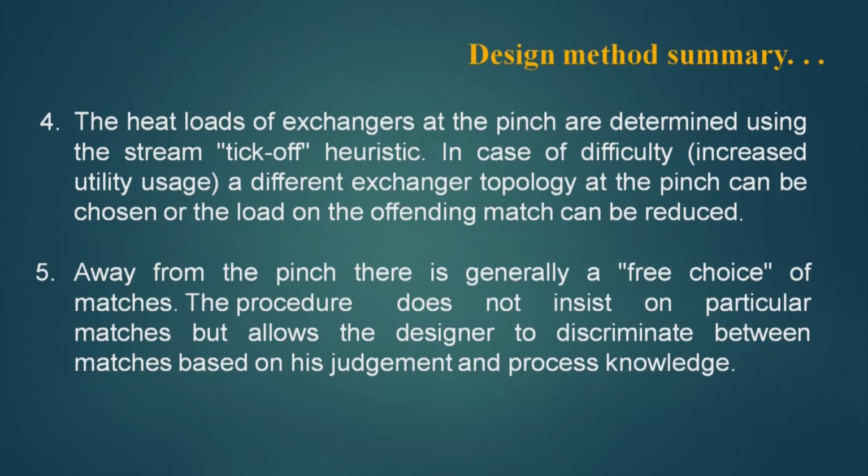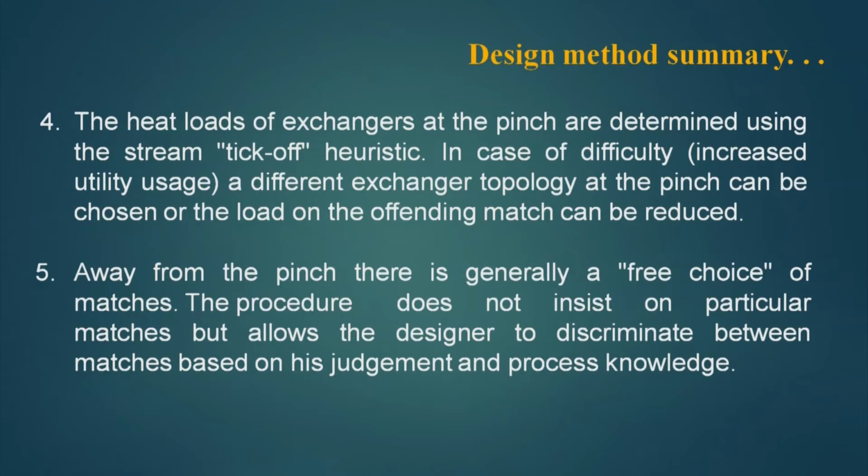Now, away from the pinch, there is generally a free choice. Why is it so? Because at the pinch the delta T is minimum, but when we go away from the pinch towards the hot end or towards the cold end, then the delta T available between the hot streams and cold streams increases.